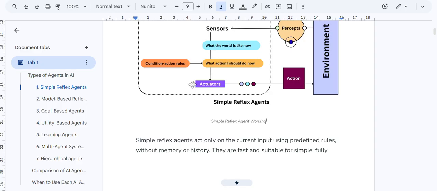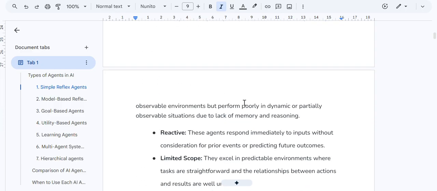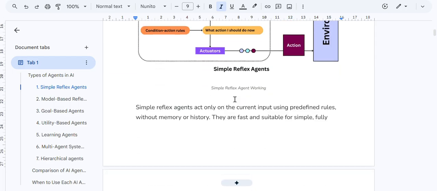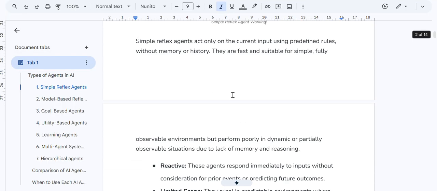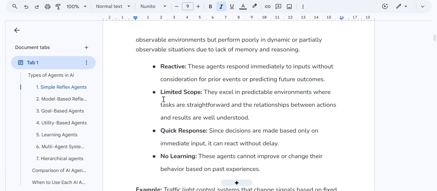They work in fully observable environments but perform poorly in dynamic ones. Like a chatbot for hi, hello, it's perfectly used, but it can't send any message or recognize any videos. It does not work in dynamic or partially observable situations due to lack of memory and reasoning.